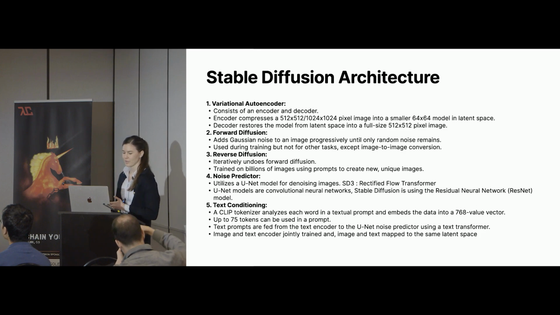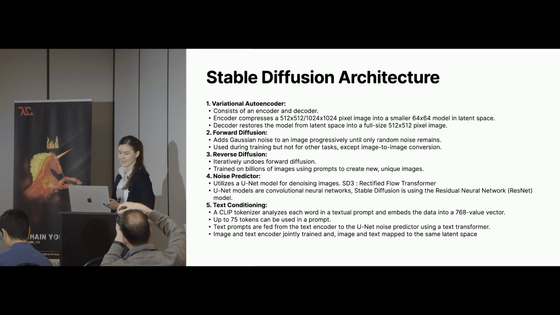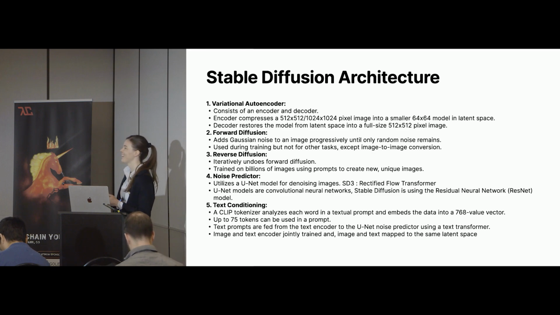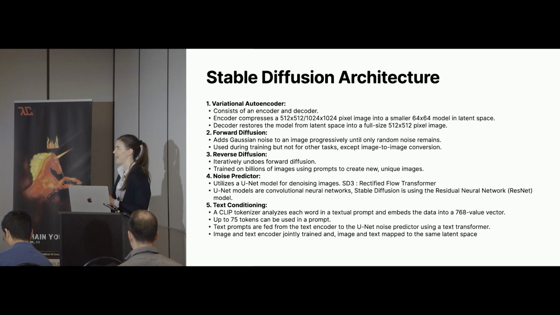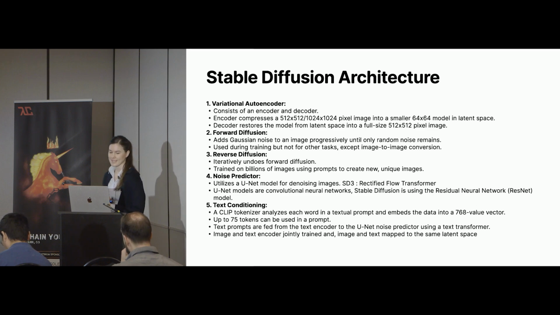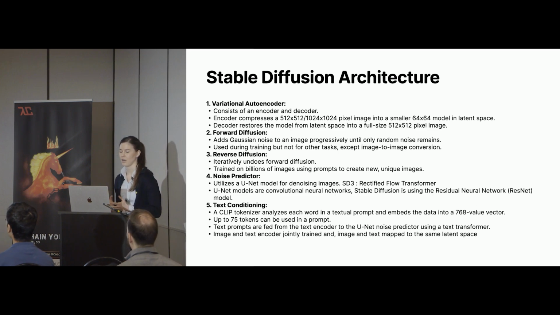The next two steps, the forward and reverse diffusion, are the process where the algorithm actually learns to create images. The forward diffusion process adds Gaussian noise to the image progressively until only randomness remains.